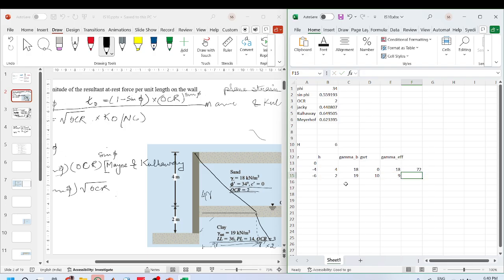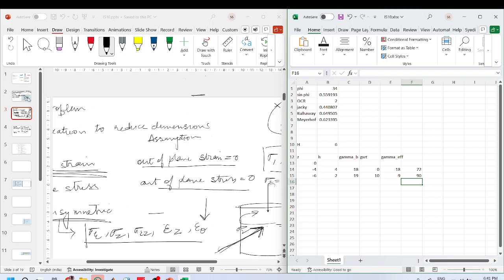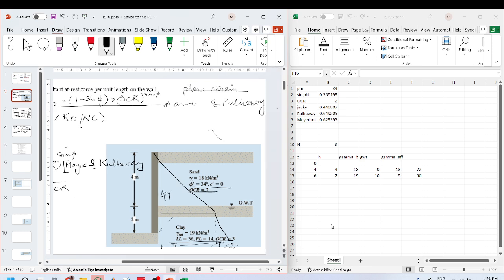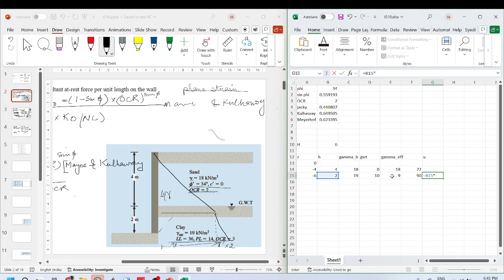And then this here will be this plus thickness of layer multiplied by its effective weight. Okay, and in the water, stress due to water will be thickness of layer multiplied by gamma water.